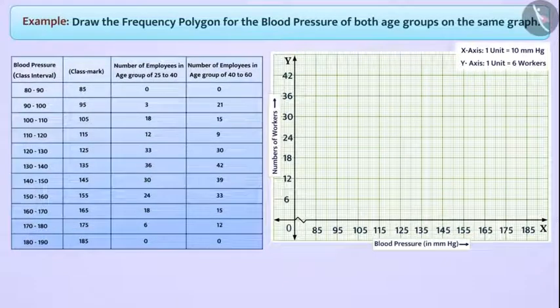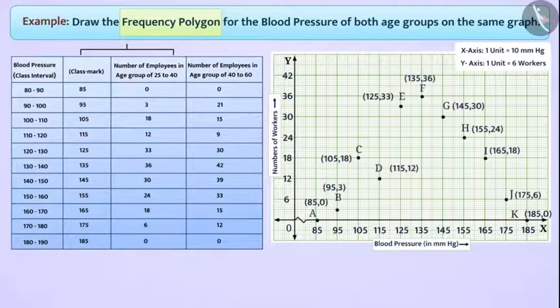Now, we will draw a frequency polygon to represent the number of workers in the age group of 25 to 40. For this, we will consider class mark as x coordinates and number of workers as y coordinates. In this way, we will represent the number of workers in age 25 to 40 respectively as given.